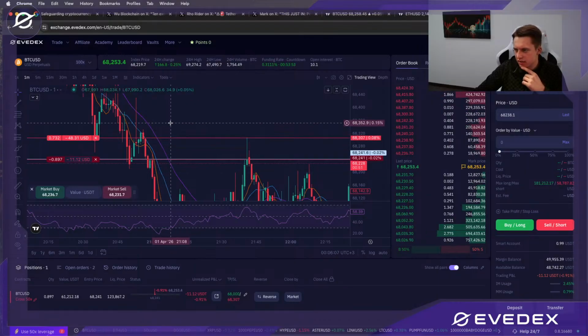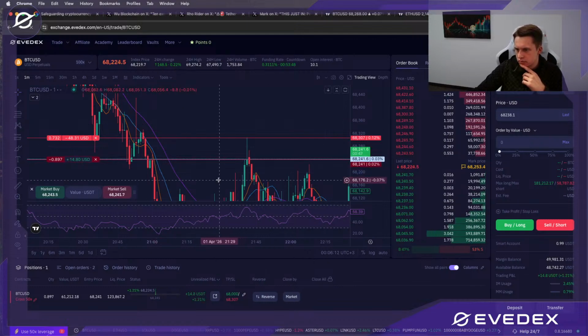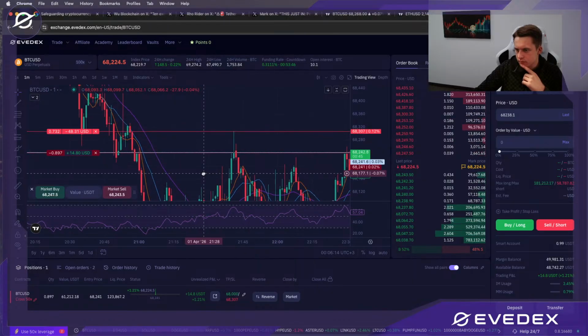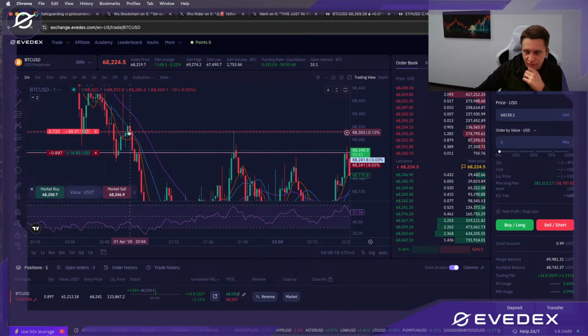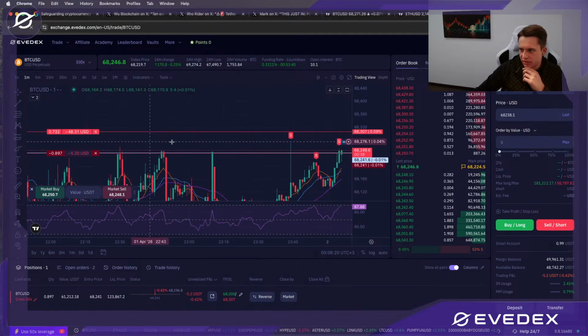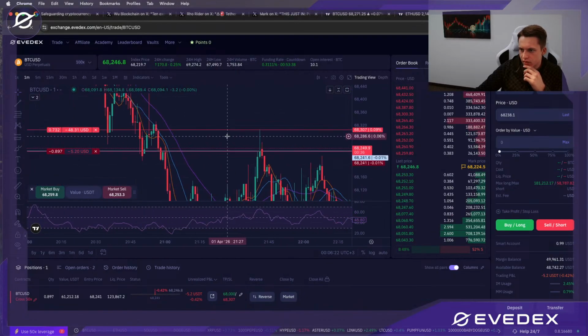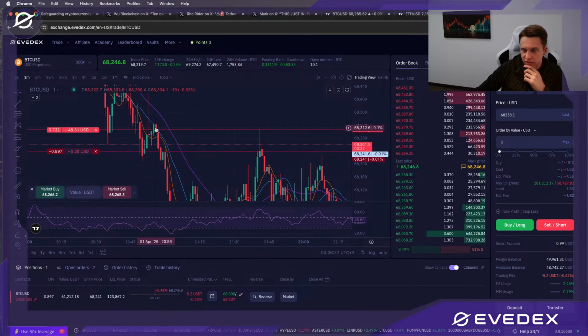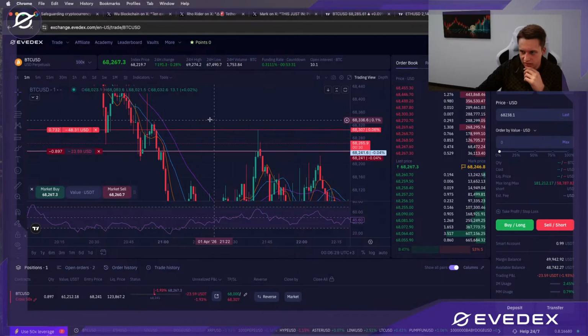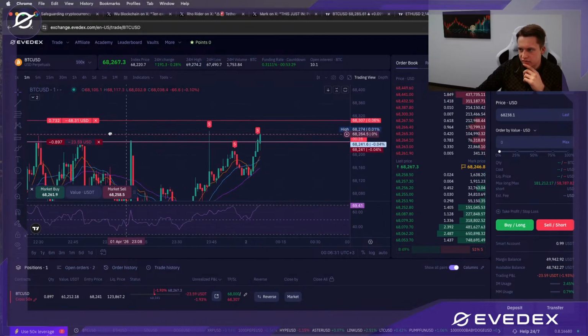So let's say here, 68,352, or not, because if we were to go past these previous little peaks that we've got here, then we would most likely be in for a reversal.